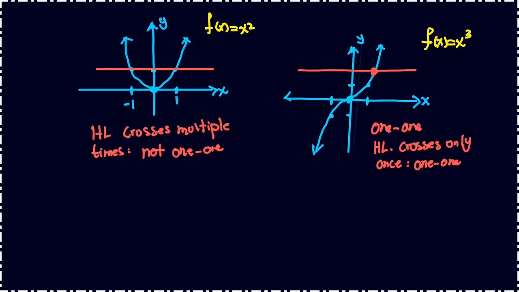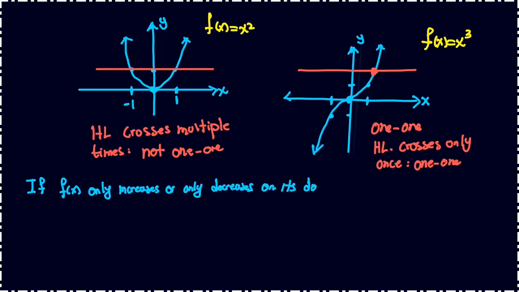That's a rule you can use: if f of x only increases or only decreases on its domain, then it is one-to-one, of course on its domain. And we can check for increasing or decreasing by looking at the first derivative.